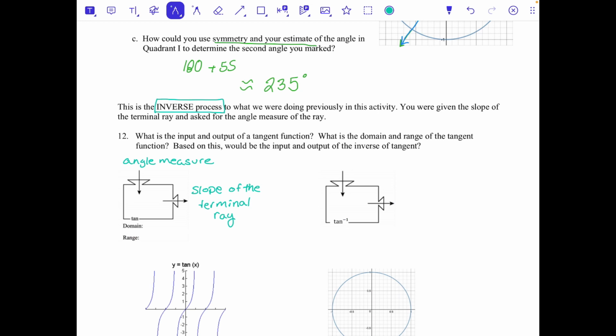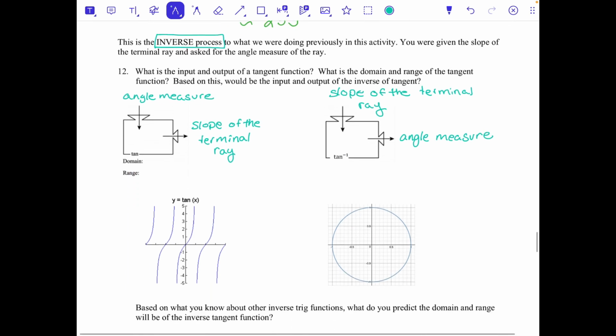So now instead of my input being an angle measure, the inverse tangent function is actually going to output an angle measure. And the input value is going to be the slope of the terminal ray.